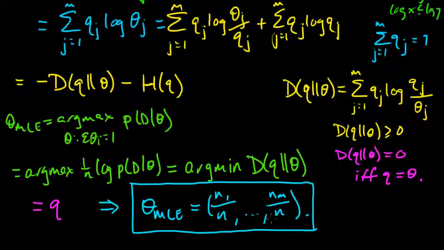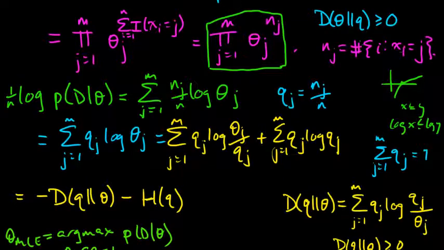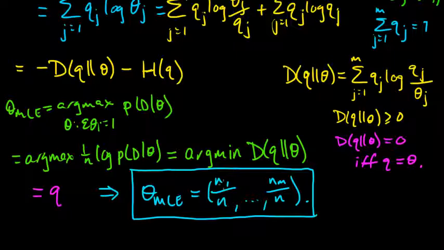And this has a very natural interpretation, since each of these nj's here is the number of xi's that are equal to j. Then each of these qj's rather, it's the fraction of x's that we get that are equal to j, which we sometimes refer to as the empirical probability that x equals j.